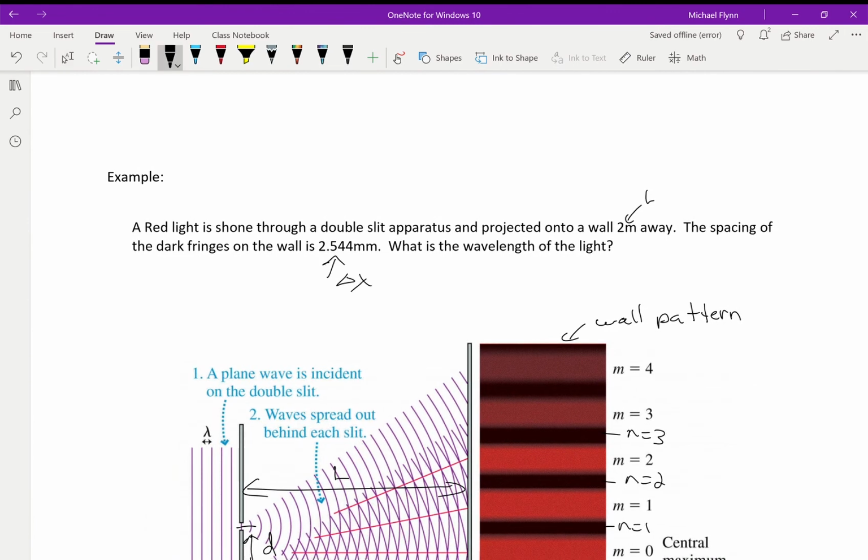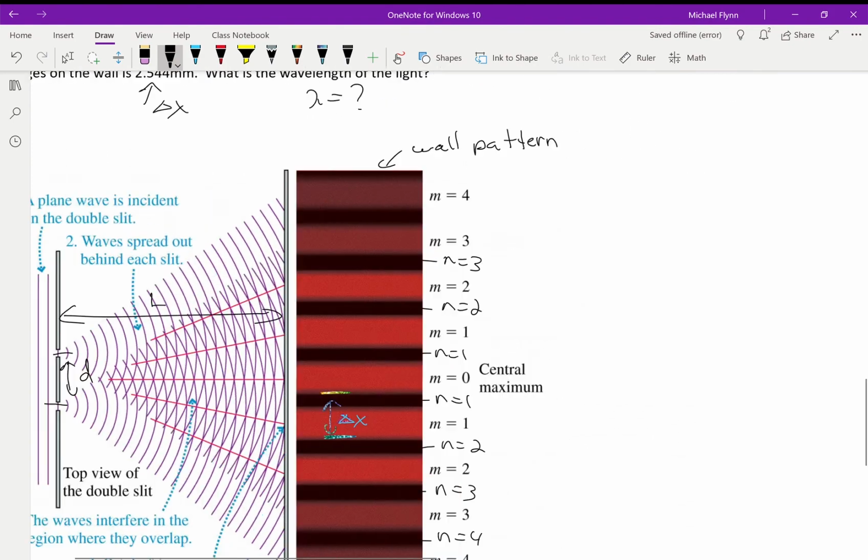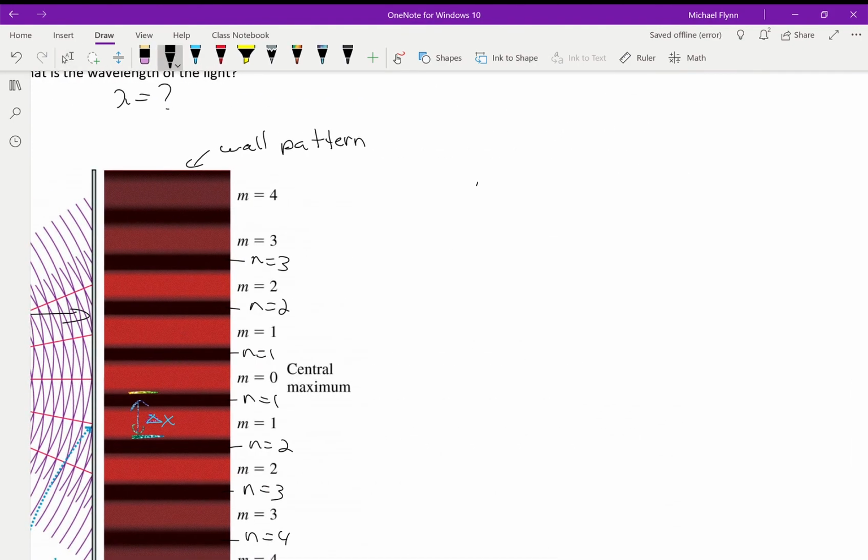That's delta x, that's the spacing. They're asking us for the wavelength. Okay, and that's it. They gave us two pieces of information. They're asking for the wavelength. All right, so we're going to use this formula. Delta x equals L lambda over D.